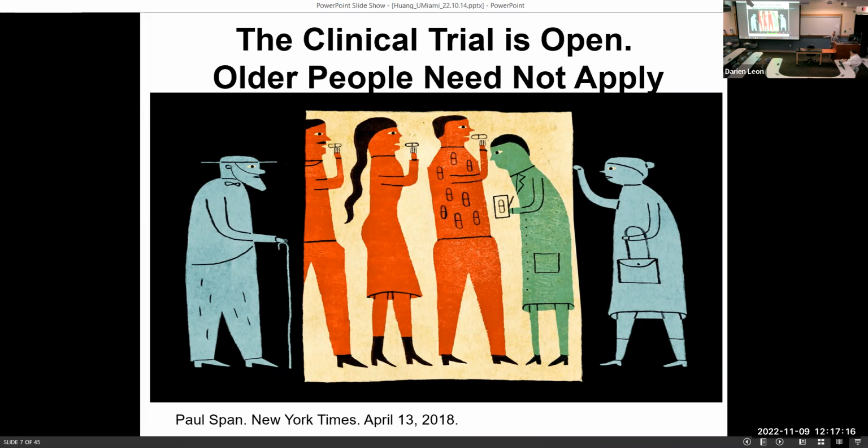This graphic from the New York Times shows a basic problem we have with evidence generation, which is that typically in science, we start with the simplest model that we can, one that doesn't have any confounding at all, and we do that experiment to prove a point. In human clinical trials, and it's kind of cruel to talk about people as research subjects, we do the same thing with humans.